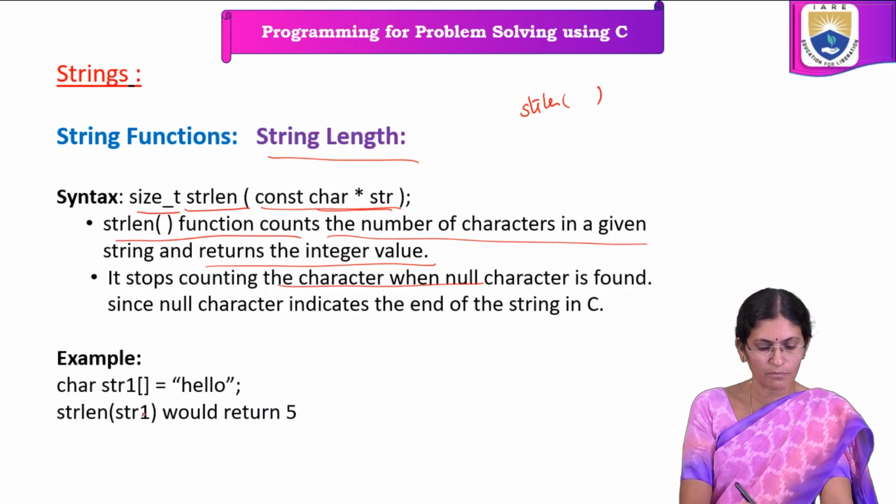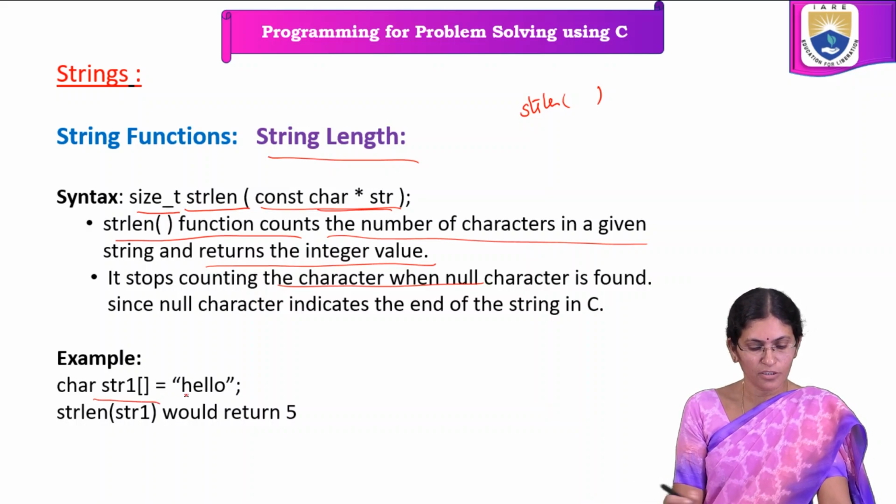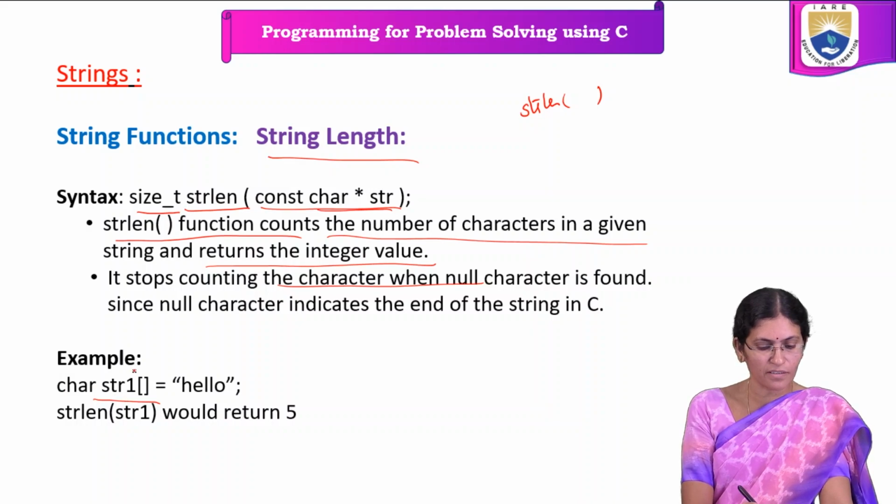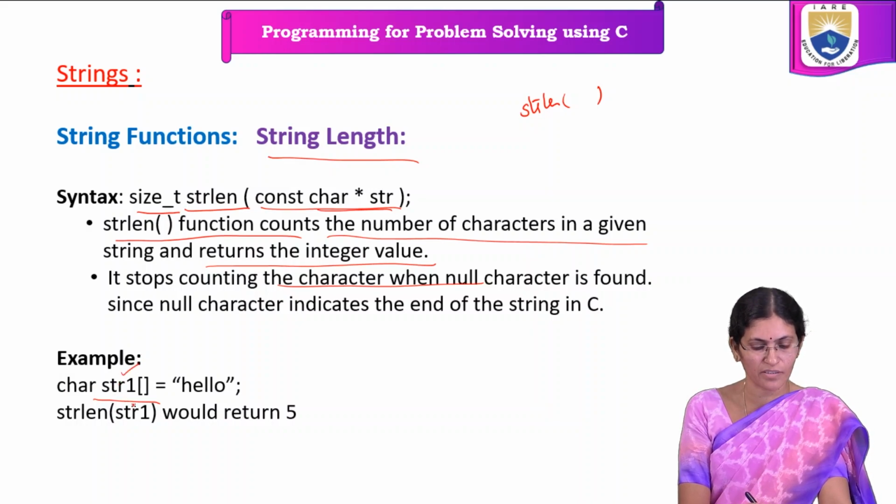Suppose for example we declare a string in this way. The name of the string is str1, and we have not mentioned the size of the string here. By default the compiler will automatically compute the size and allocate memory for this string, that is an array of characters terminated by a null character.